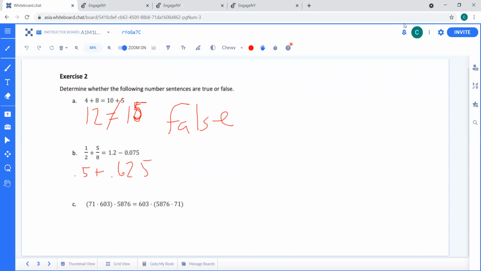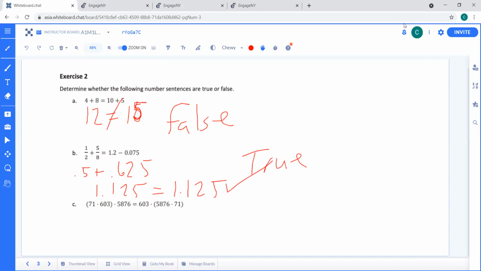Let's add those two together, and that's 1.125. Is that equal to 1.2 minus 0.075? 1.125. Yes, that is a true statement.